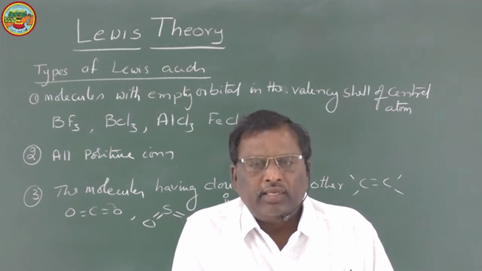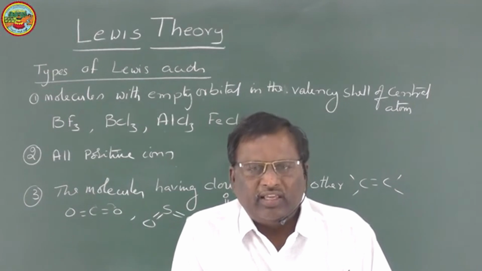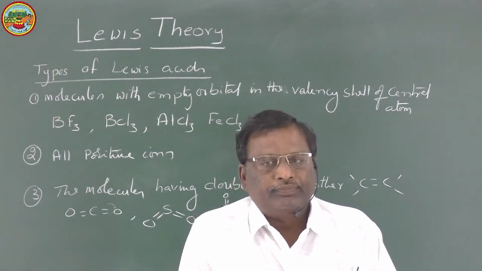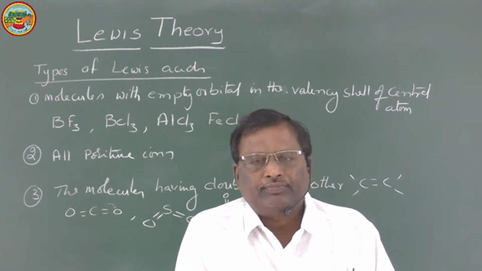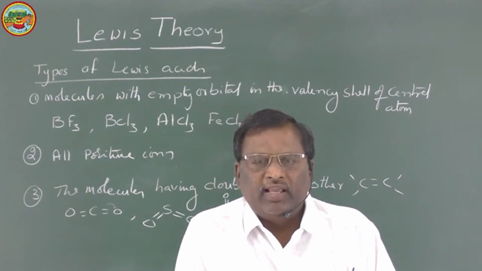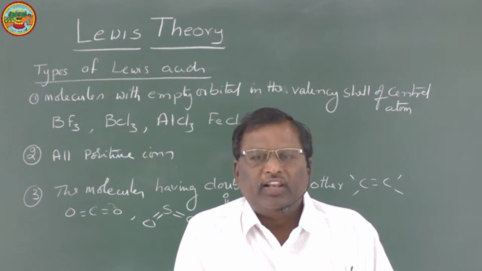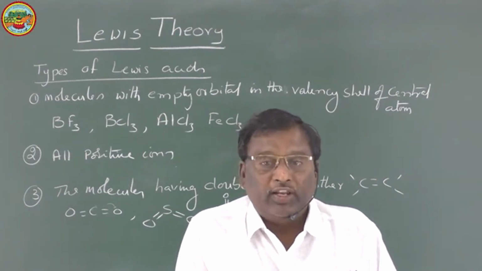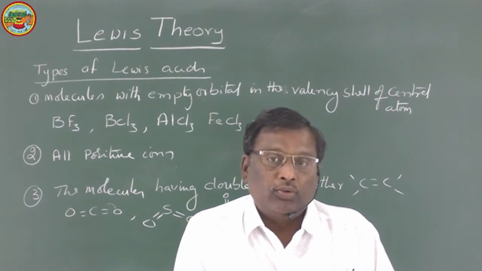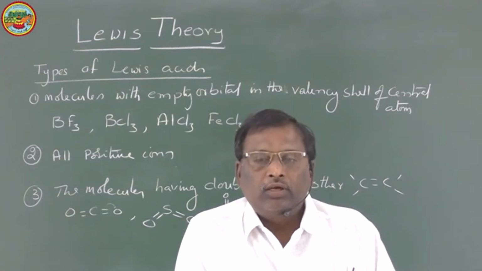Examples: BCl3, BF3, AlCl3, FeCl3, etc. are Lewis acids. All these species can take a lone pair of electrons from other species. A lone pair means a non-bonding pair of electrons in an ion or a molecule.